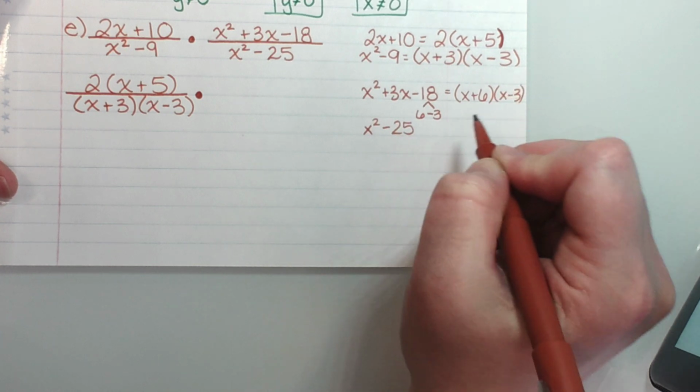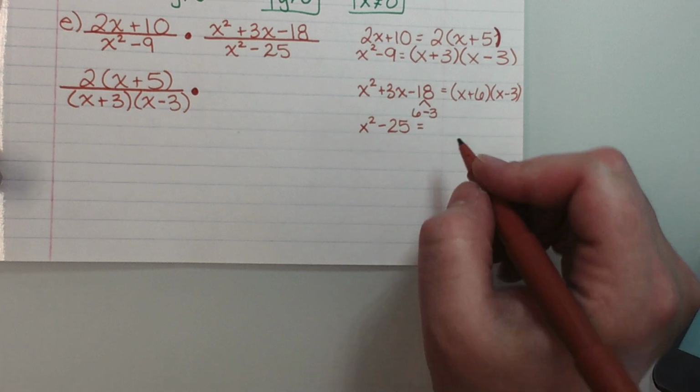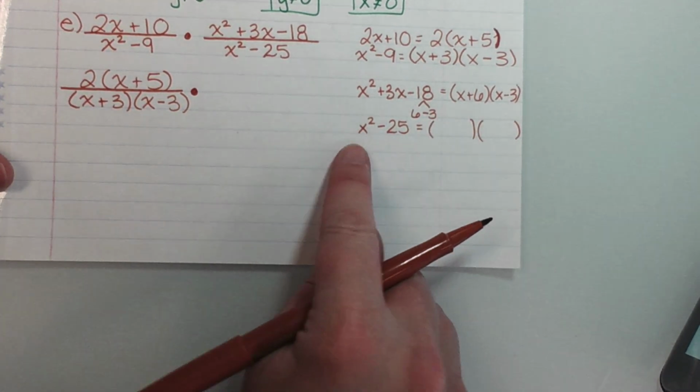x squared minus 25 is also a difference of squares. First thing that got squared here was an x.